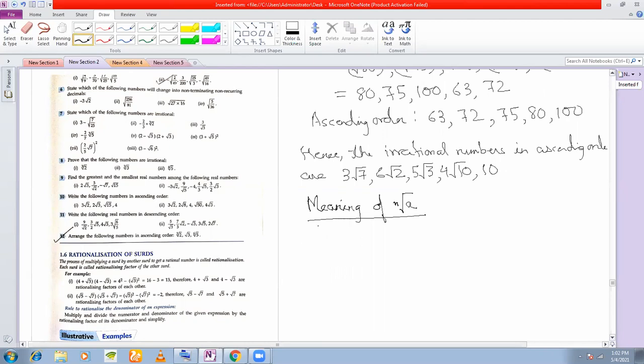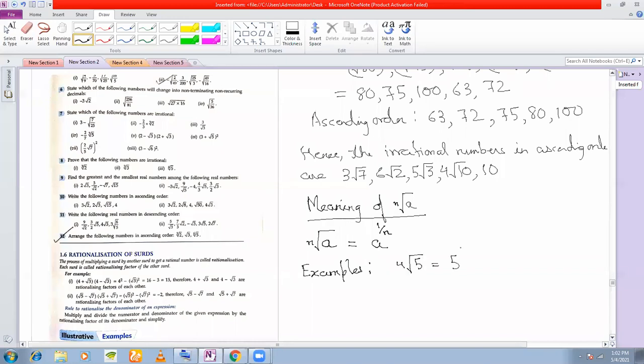Now remember, nth root of a. We'll come across this result when we'll be doing indices, or exponents also. Nth root of a always means a to the power of 1 by n. Okay, examples. Suppose I write fourth root of 5.